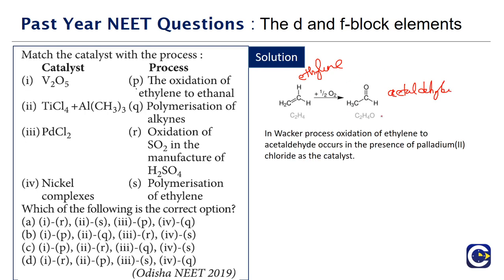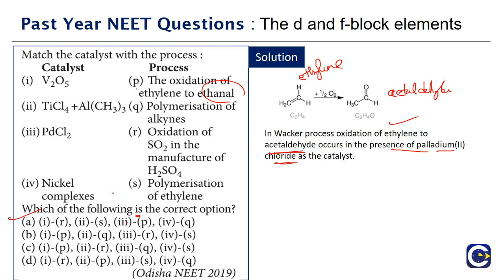So what is the Wacker process? It is the oxidation of ethylene into acetaldehyde. Acetaldehyde, what is the IUPAC name? Ethanal. And this occurs in the presence of palladium 2 chloride. So 3 should be matching to P. So we can see in option A, 3 is matching to P.